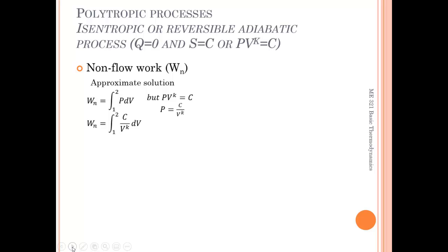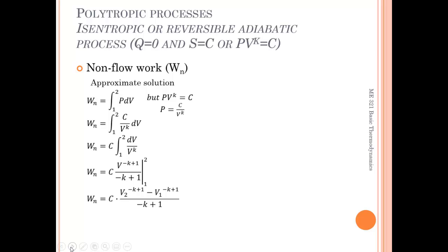Again, we can simply take out the arbitrary constant C from the integral. By using the simple power formula, we'll now be able to get the integral of this function. Then we can apply the limits of integration in the integral that we obtain, thereby allowing us to arrive at this form of the equation.